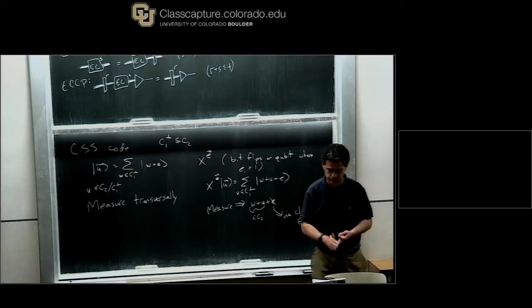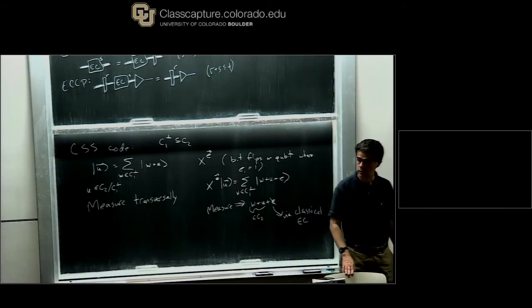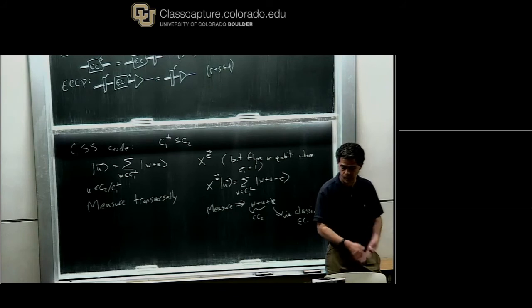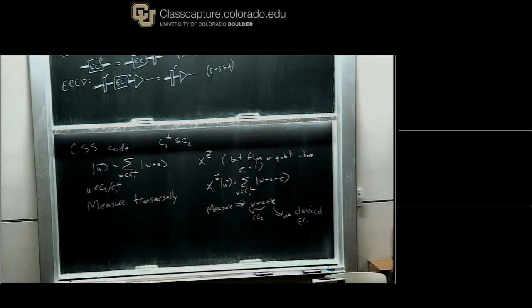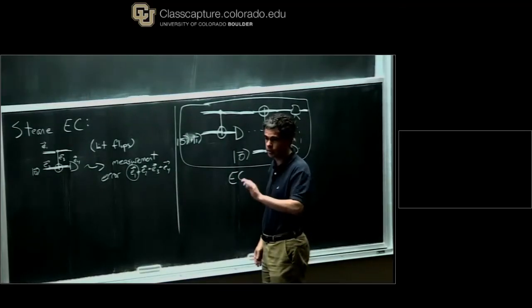Yeah. So the errors that might be introduced, for example a bit flip, would have to be a bit flip on the logical qubit, not many. Sorry. We can distinguish between bit flips on the physical qubits and bit flips on the logical qubits.